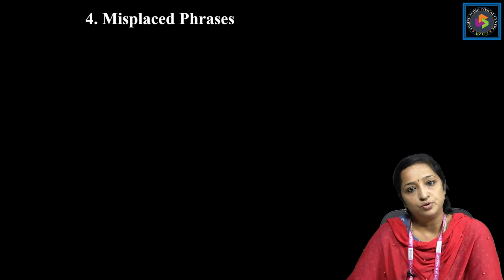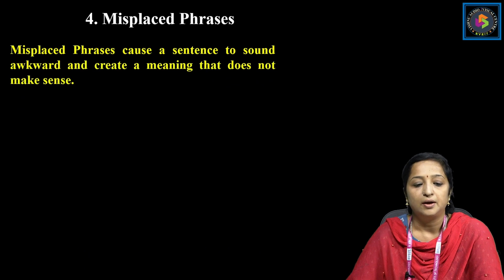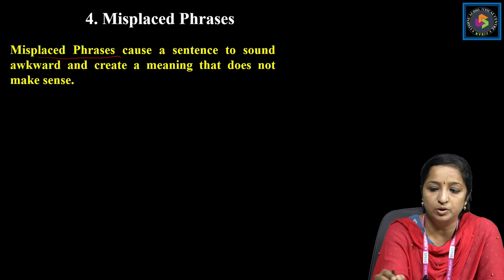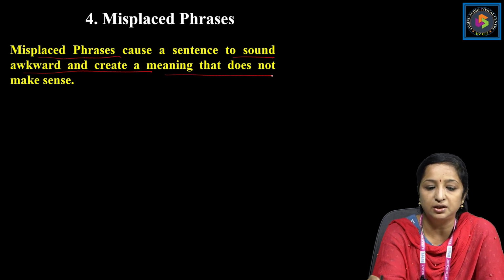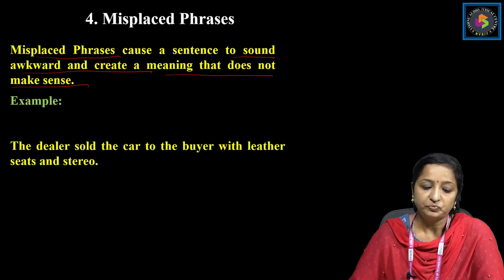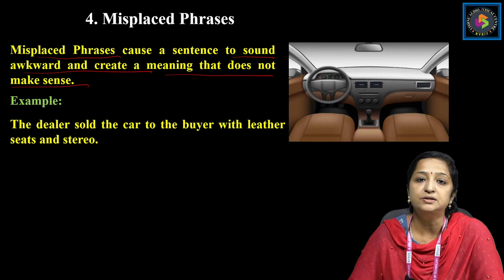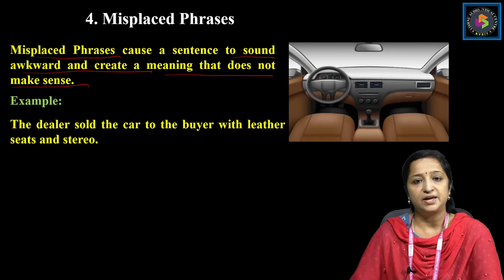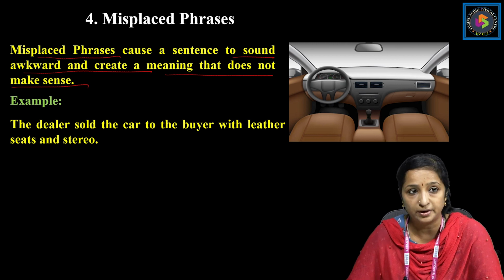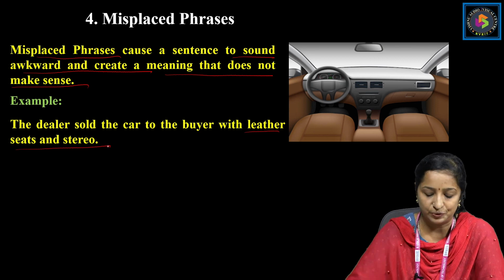Now, let us go to the fourth kind of misplaced modifier, that is misplaced phrases. Misplaced phrases make a sentence sound awkward and create a meaning that does not make sense. For example, the dealer sold the car to the buyer with leather seats and stereo. With this sentence, it conveys a meaning that the dealer sold the car to the buyer who is with leather seats and stereo.